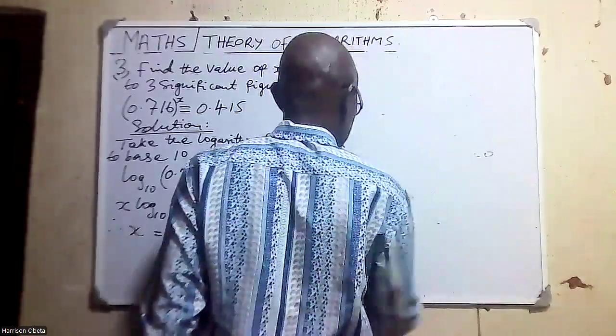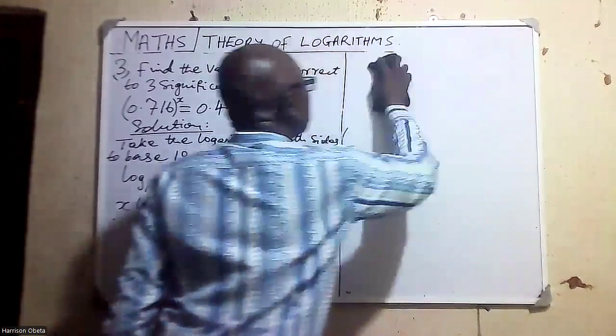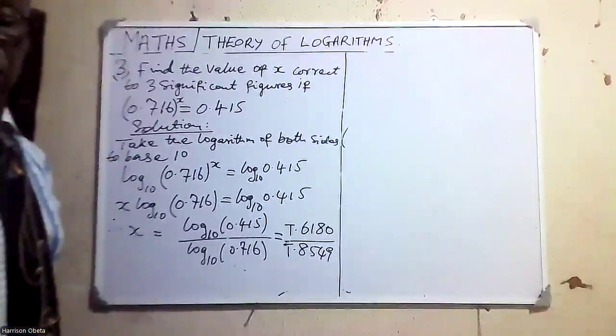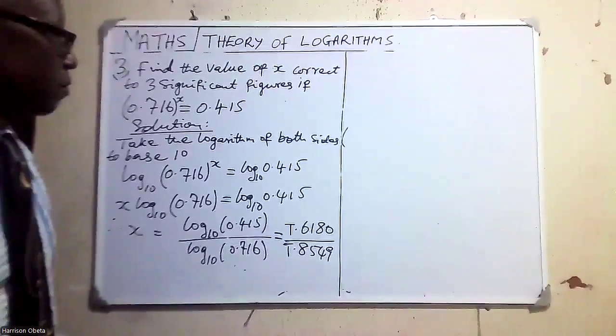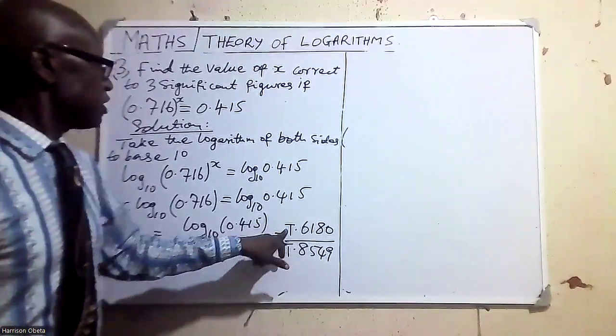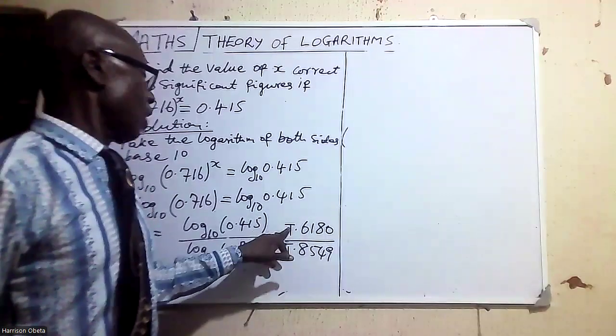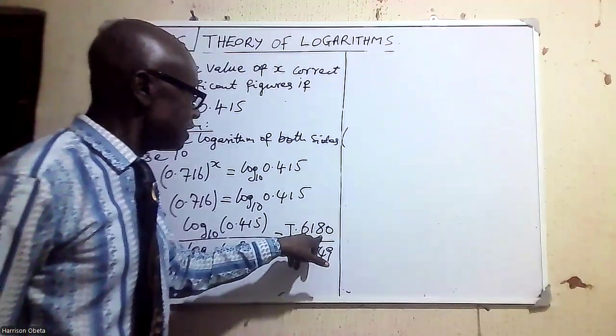In order to do that, I want you to know that when you have a question like this, bar 1 shows that this is -1, and this -1 is not affecting this.